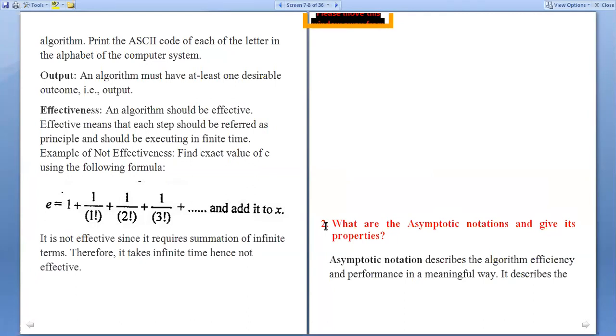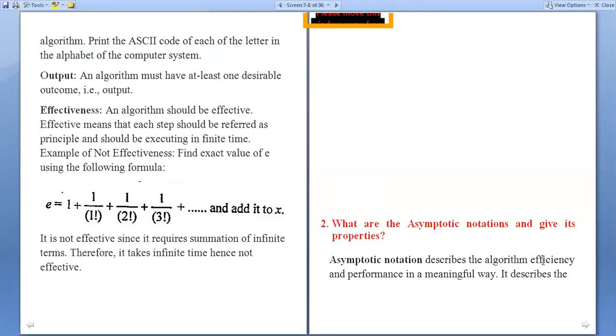It will be useful to analyze algorithms in different subjects. So, what are the asymptotic notations and give their properties, the properties of asymptotic notations. What is an asymptotic notation? It describes the algorithm's efficiency and performance in a meaningful way.